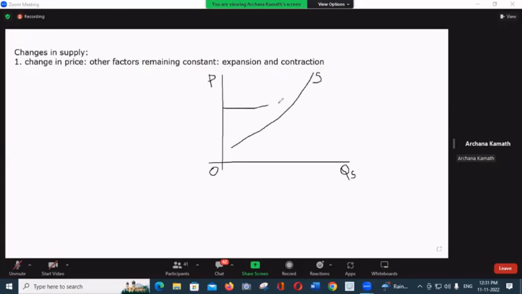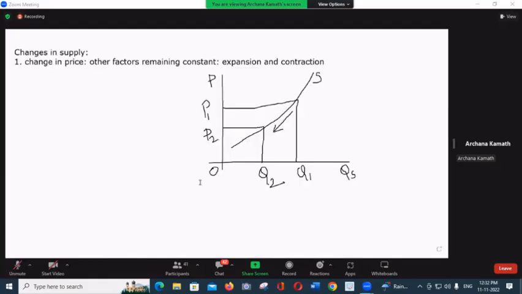Price is a hypothetical situation of P1 and Q1. Then you can see when price falls, the supplier will be cutting down his supply to P2 and Q2. This is known as contraction.